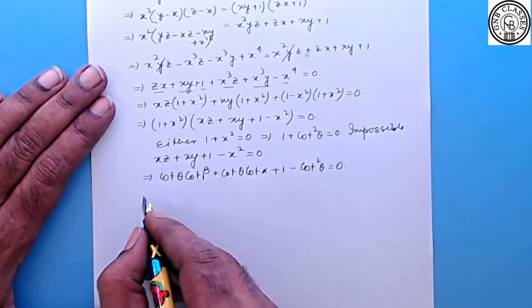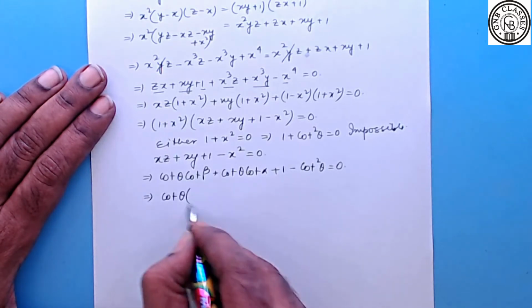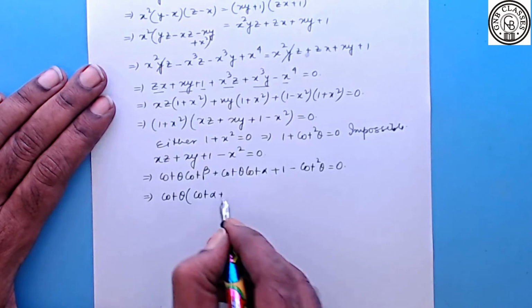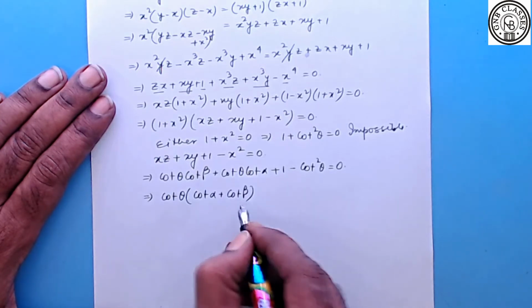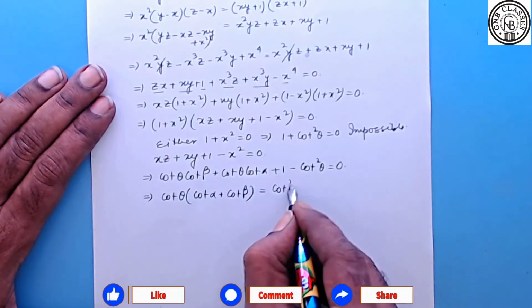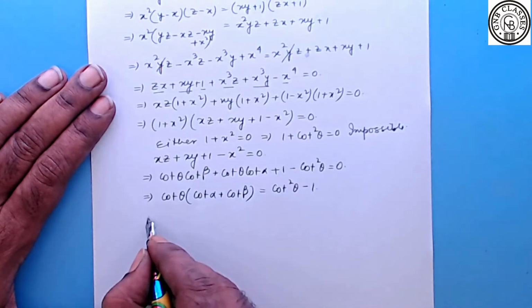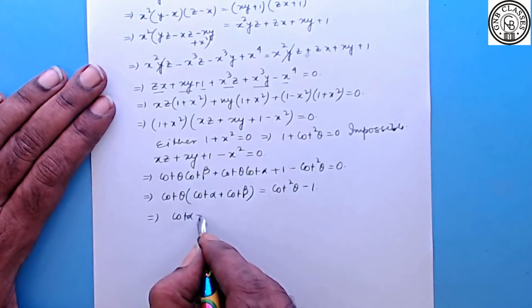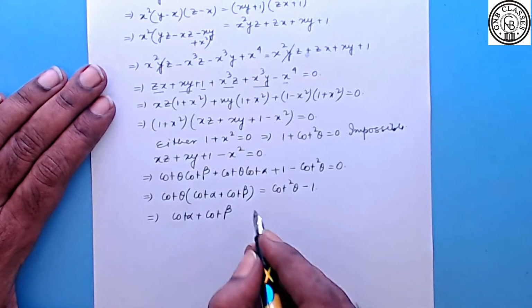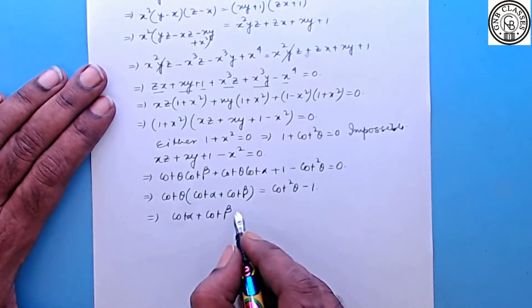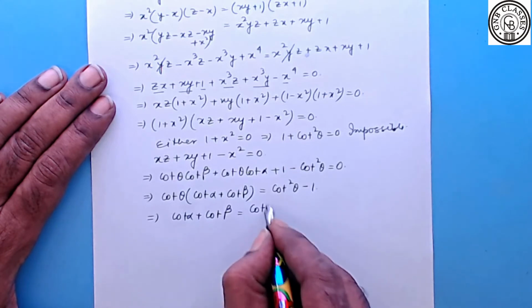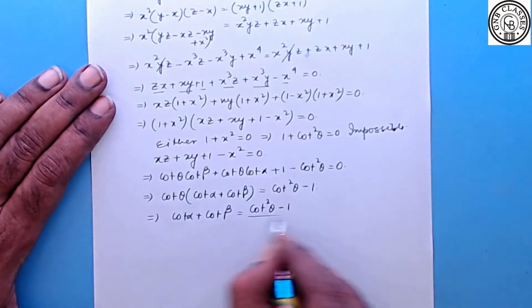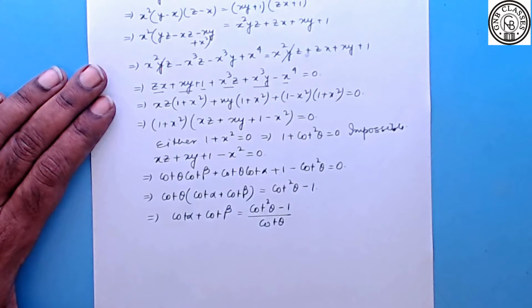So we are having what? Let me divide it by cot theta. So we are having cot alpha plus cot beta equals to cot square theta minus 1 by cot theta.